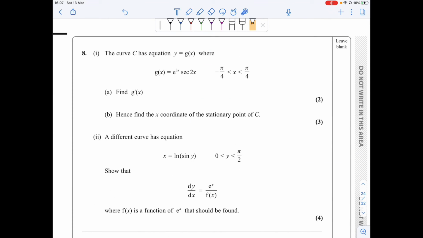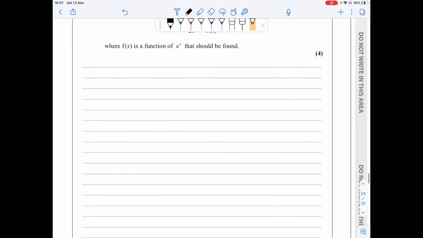In the first part of this question, I need to find the derivative and then find the x-coordinate of the stationary points. Note that I have a product, so u equals e to the 3x, so u dash equals 3e to the 3x, and v equals sec 2x, so v dash equals 2 sec 2x tan 2x.